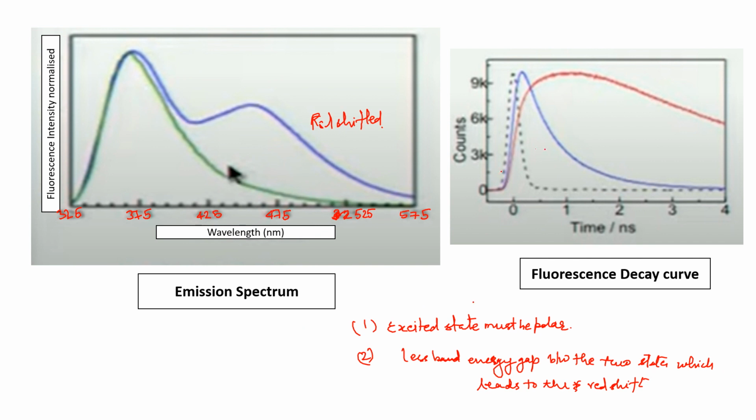Say this is the decay of your ground state, and this is the decay of the excited state. Or rather, this is the decay of this emission and this is the decay of this emission.